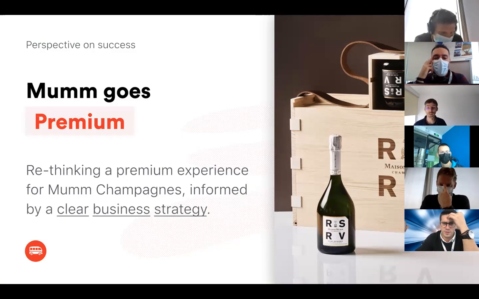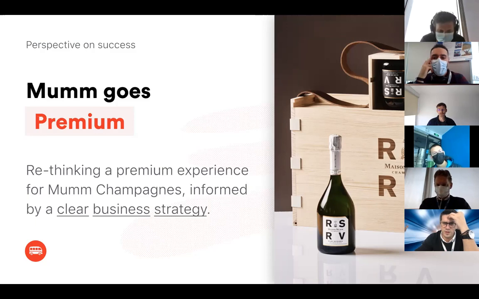Actually, their strategy was pretty clear. They wanted new customers. They wanted to attract high income customers. And we didn't just redo the design and do a beautiful packaging. We envisioned an end user experience with an app, with new services, and a new distribution concept and a new loyalty program.